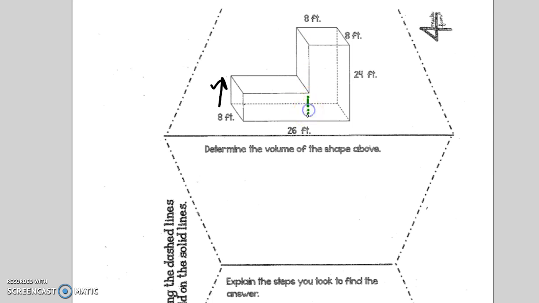Use your colored pencil and cut right there. Then you're going to have to cut it from the back too and across the base. Can you see two separate rectangular prisms there? One on the left that's shorter and one on the right that's taller.